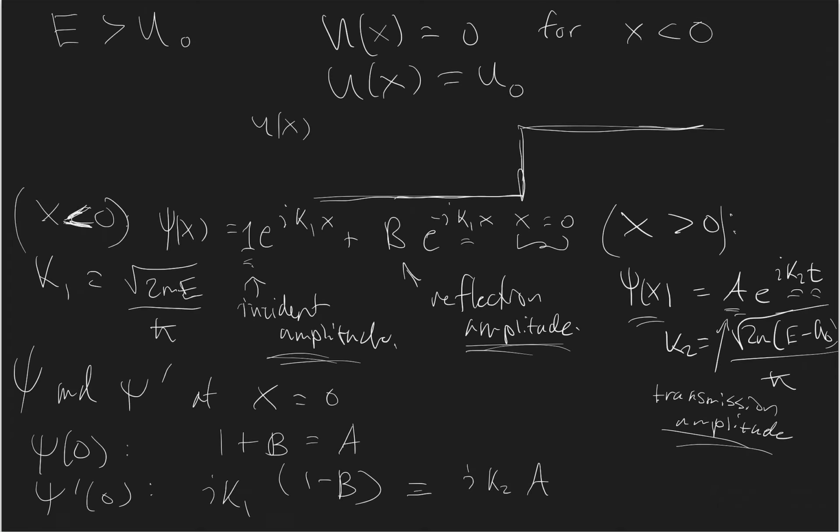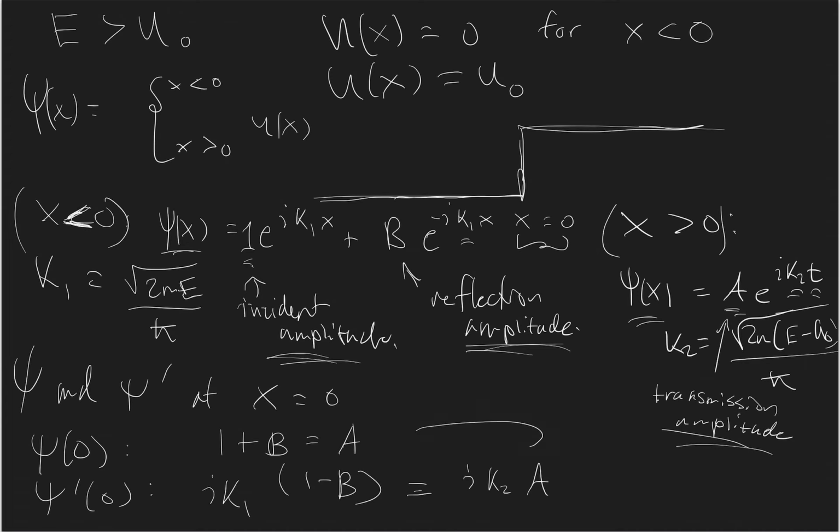This just comes from taking the derivative of our bases for the psi. Really, you can think about the wave function as being a function for x greater than 0, and then for x less than 0. And so we must employ this continuity with the derivative at that point.